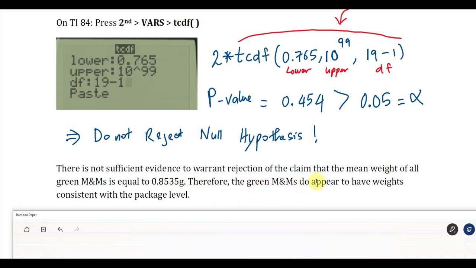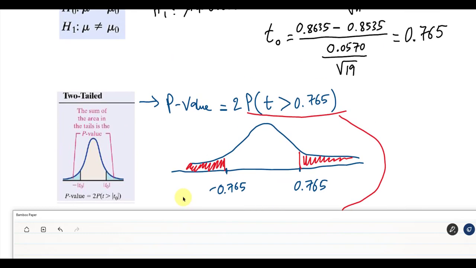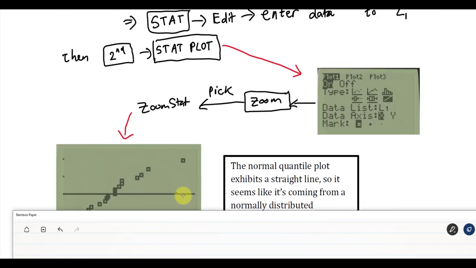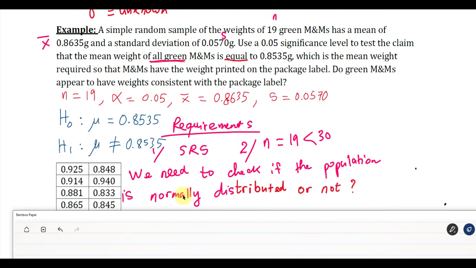Therefore, the real M&Ms do appear to have the weight consistent with the package label, because the package label says that the mean weight is equal to 0.8535. That is what is printed on the package label. And because we do not reject that, we may conclude that it does appear to be consistent with what is given on the package label.